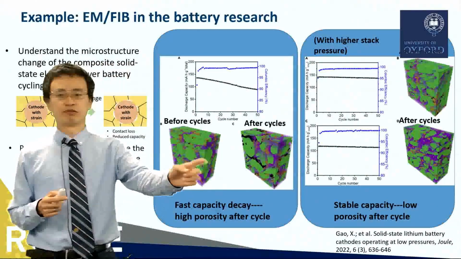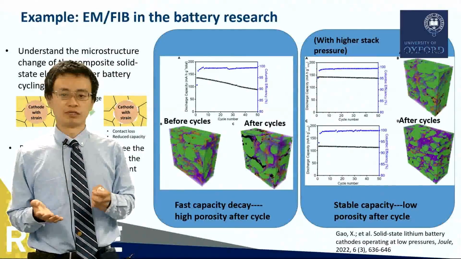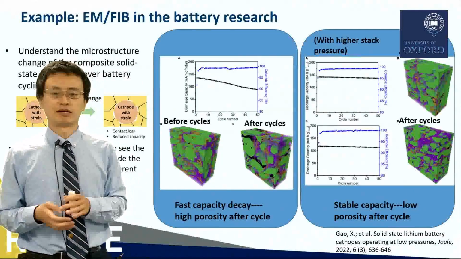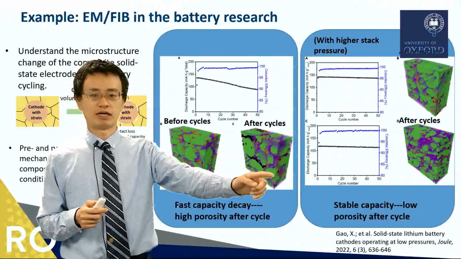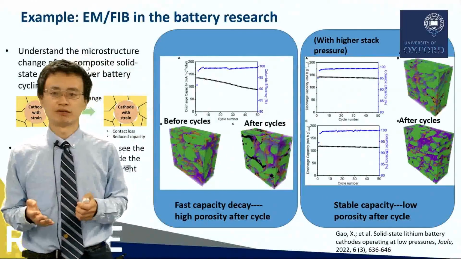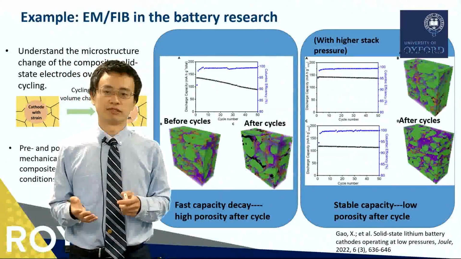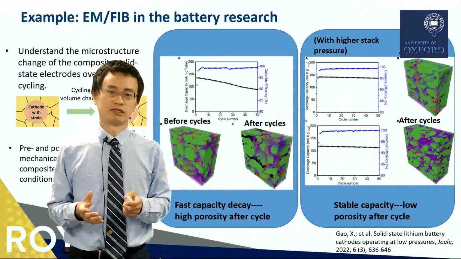We can see here before cycles there are not much black space because we use a quite high pressure to form the cell. But after we do 50 cycles, we can see there are much empty space generated in between of the active material and solid electrolyte, which is a result of the cathode volume change, and it generates capacity decay.